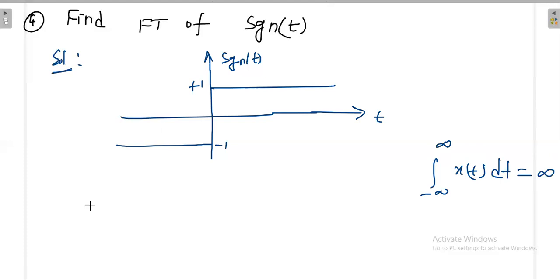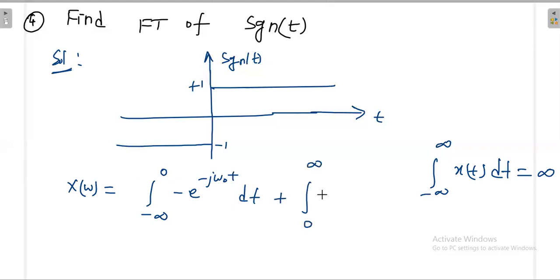But if you calculate separately, that means x of omega is the integral from minus infinity to 0 of minus e power minus j omega naught t dt, plus the integral from 0 to infinity of e power minus j omega naught t dt.